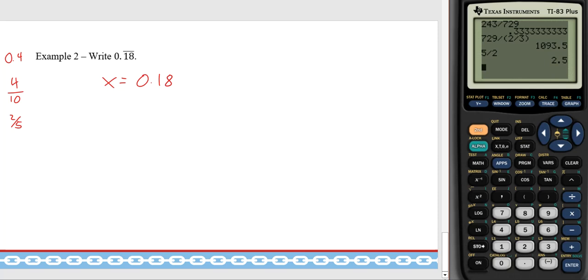to rewrite this. So I'm going to start off by saying x, any variable, is equal to 0.18 repeating. And what I want to do is make x equal to a fraction.